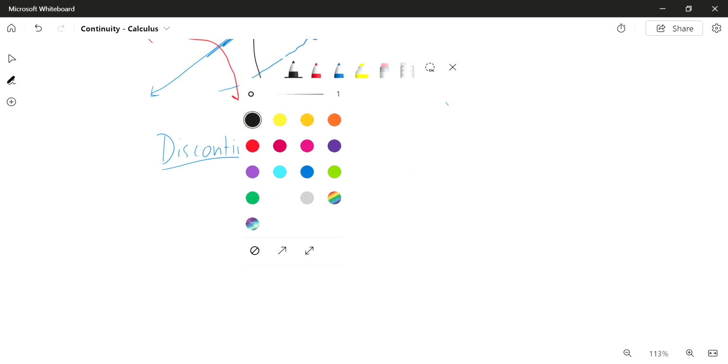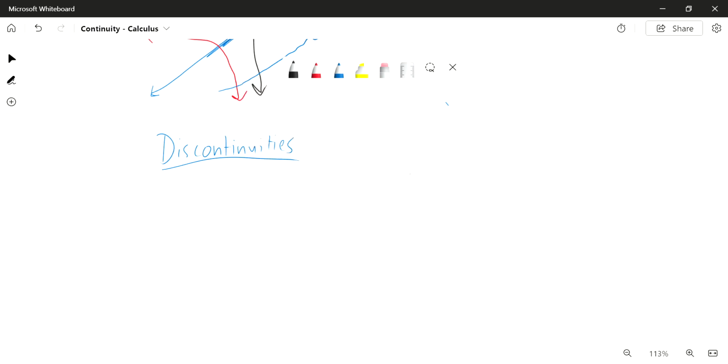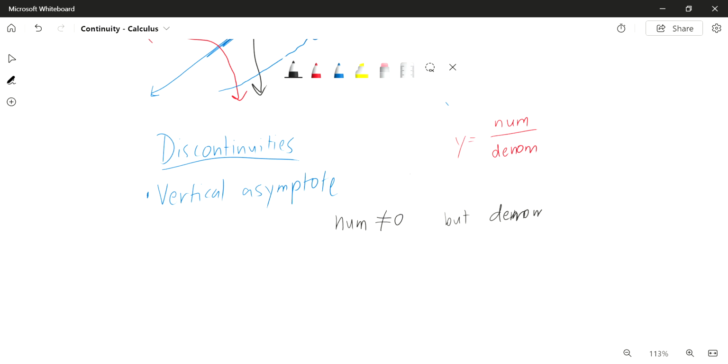The most common discontinuity you'll probably encounter is the vertical asymptote. This happens in an equation where if you were to have a numerator and denominator and you use a certain point on the equation, the numerator would not be 0, but the denominator would be 0.